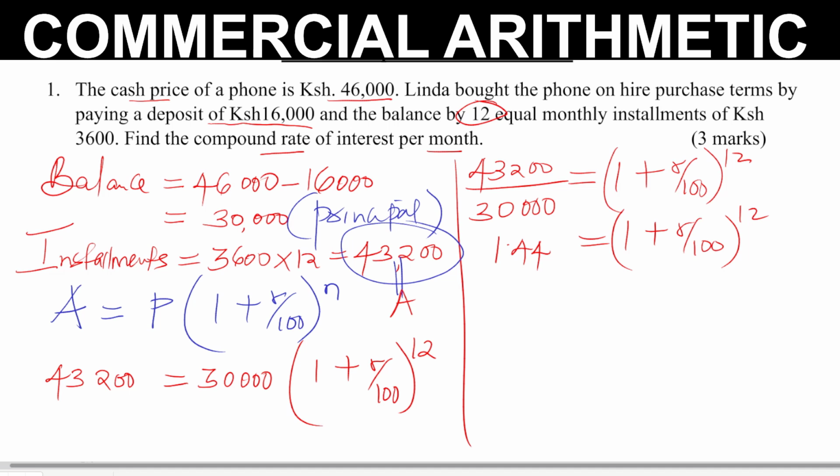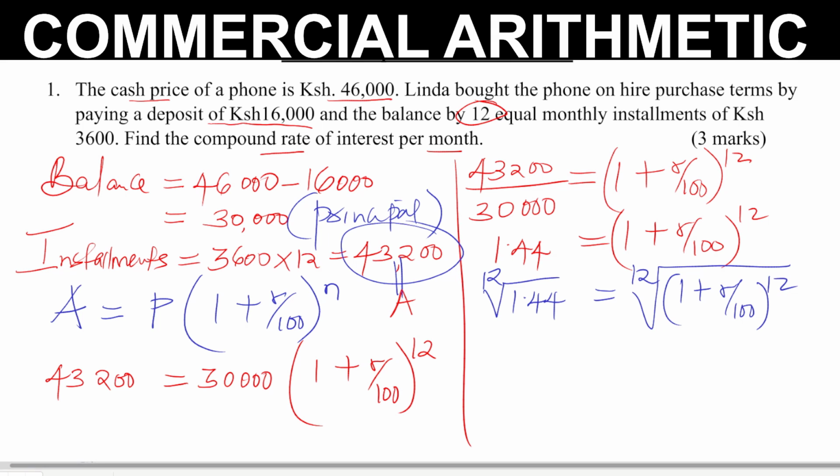So the next thing is to get rid of the power 12. How do we get rid of the power 12? By getting the 12th root of both sides. So we get the 12th root of 1.44, and we get the 12th root of 1 plus r over 100 raised to power 12.